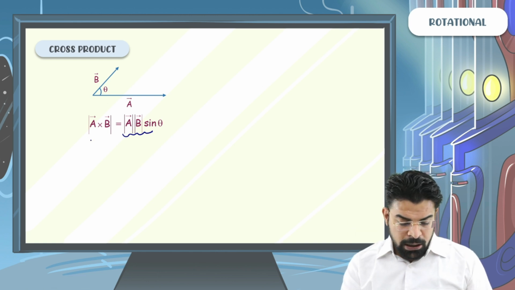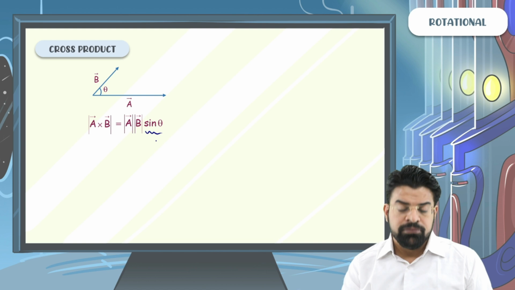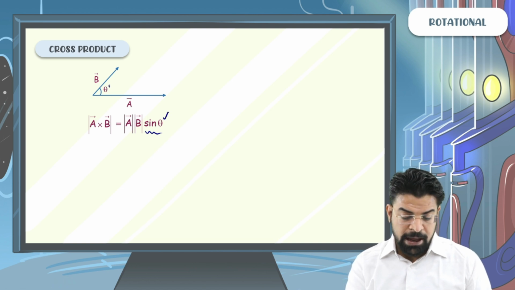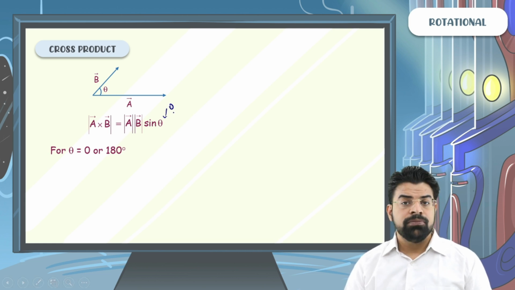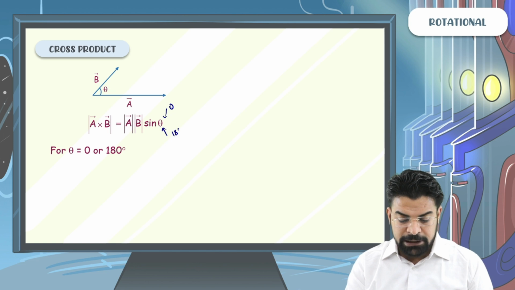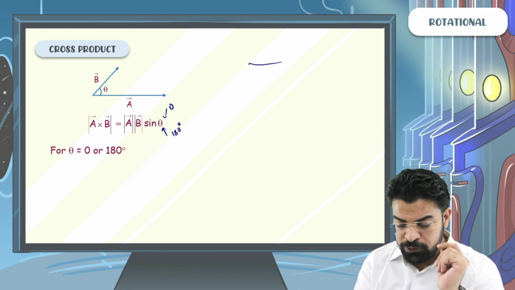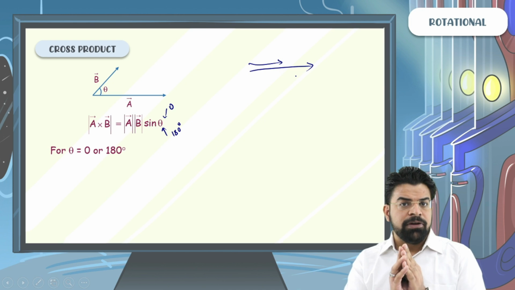So if the angle theta between the two vectors is 0 or 180 degrees, then we know that sine 0 is 0 as well as sine 180 is 0. Remember that if two vectors are parallel, the angle between them is 0.